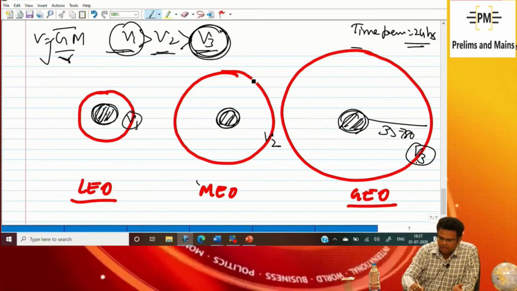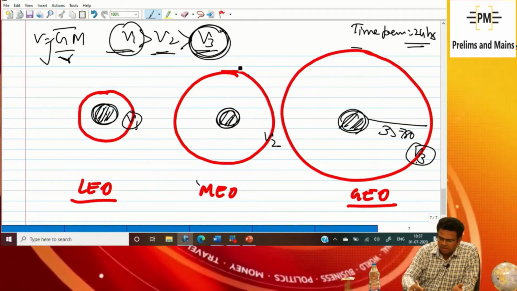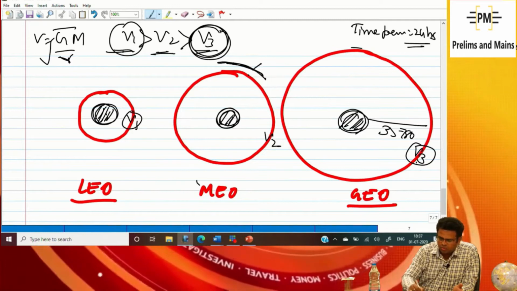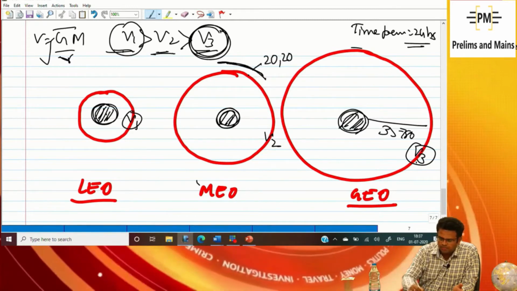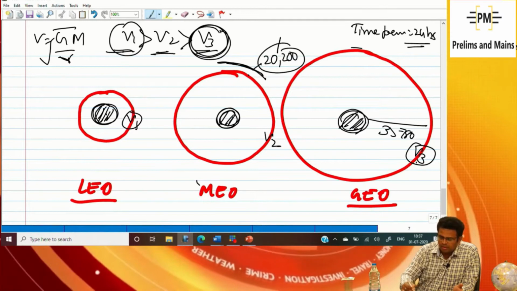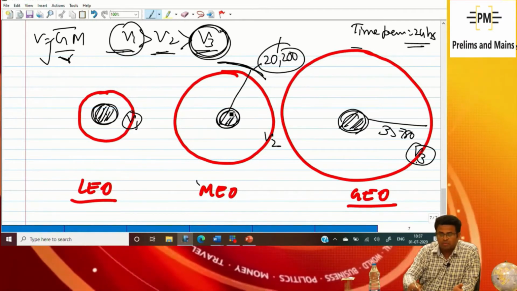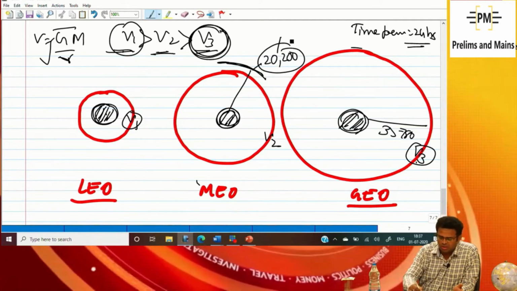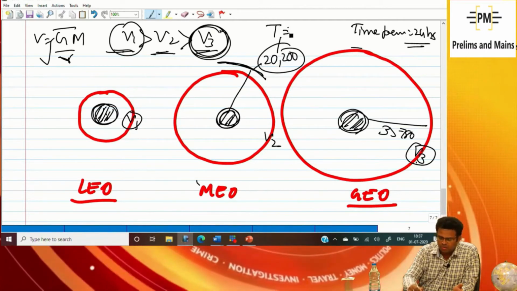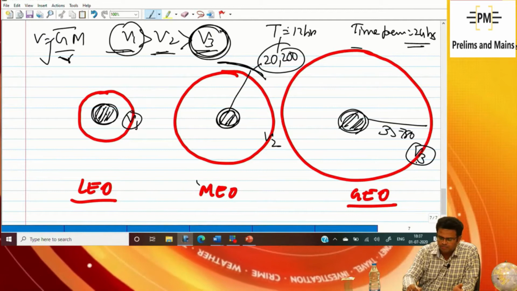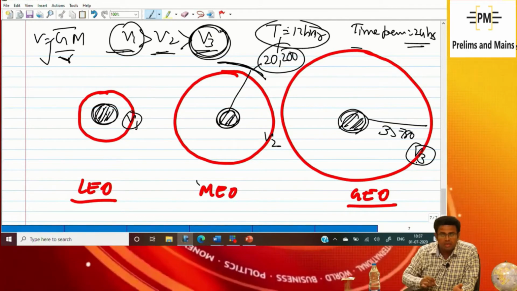And at the height of 20,200 kilometer, the speed will be little faster, but the radius is also large, so the time period is 12 hours in the medium Earth orbit.